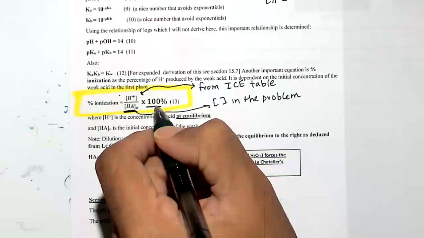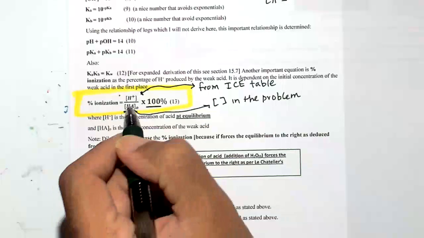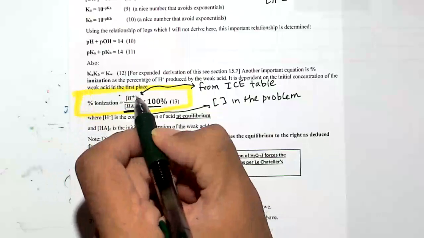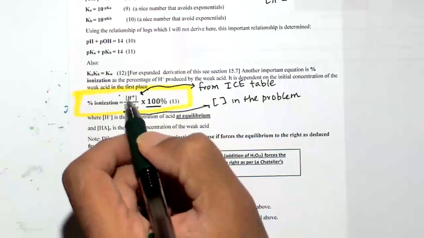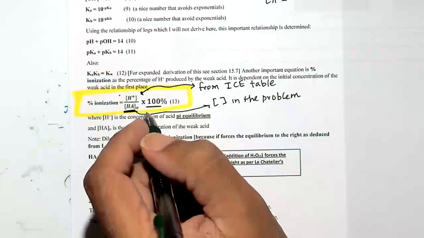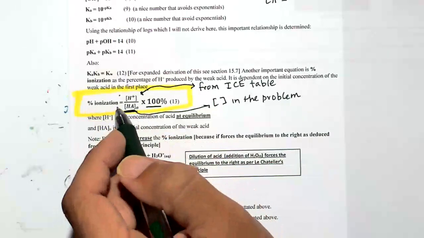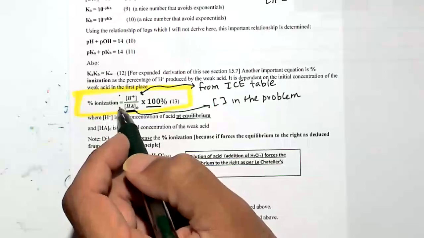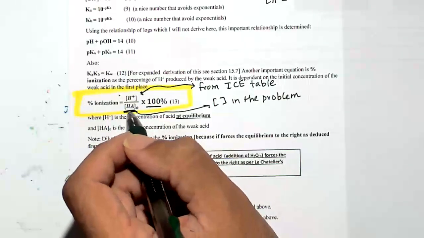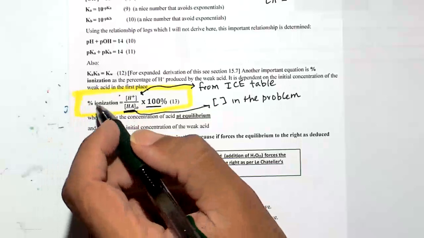We take that fraction and multiply by 100, and this tells us how good that acid is as a source of H+. You take the H+, divide it by the actual acid concentration, and that tells us how good that acid is at giving us protons. H+ is the acid proton, and the acid is whatever acid it could be.